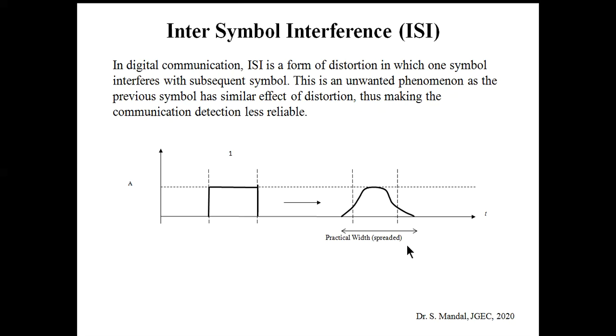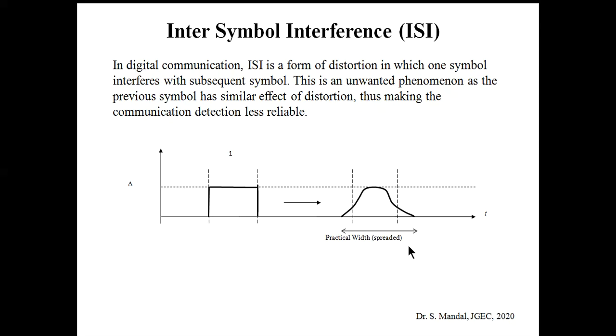Okay, next we're coming to the inter-symbol interference, that is called the ISI effect. In digital communication, ISI is a form of distortion in which one symbol interferes with subsequent symbols, and this is an unwanted phenomenon.